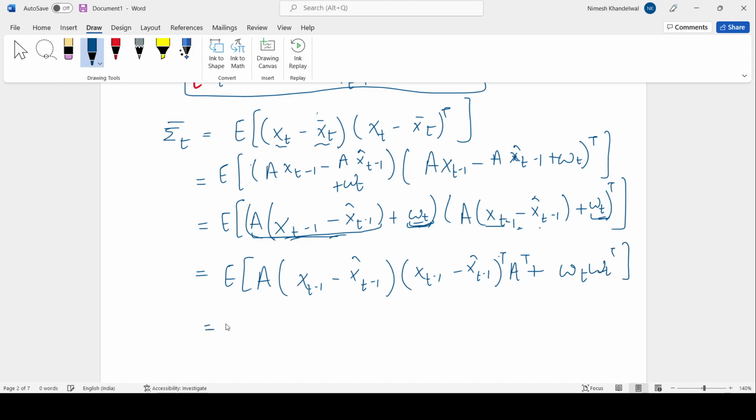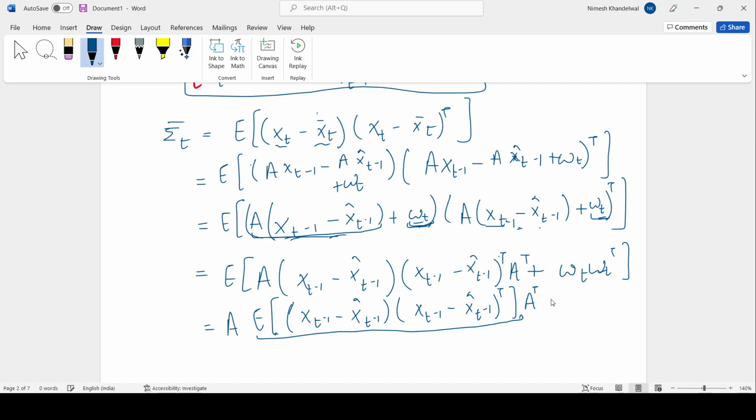Now I can write it like this, because A is a constant, since I'm assuming the system to be a linear time invariant system. Now you might have started seeing something here: this term that I'm writing right now is the variance at time t minus 1. And what is the variance at time t minus 1?